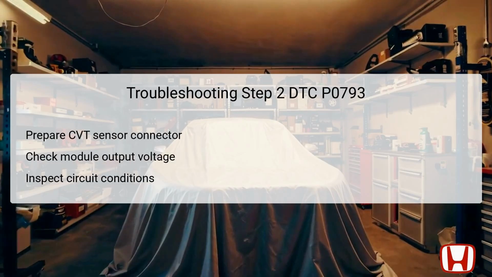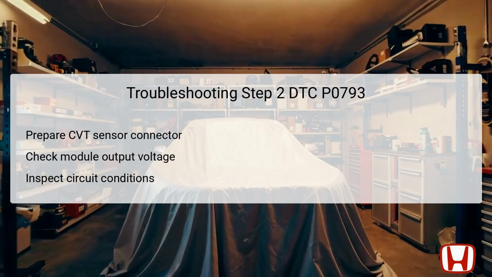Next, the troubleshooting process requires preparation by disconnecting the CVT drive pulley speed sensor connector. This disconnection is crucial as it allows for examination of the output voltage from the sensor. The test should proceed to check the module output voltage while in IG mode. Under normal conditions, the expected voltage reading should be about 5 volts.